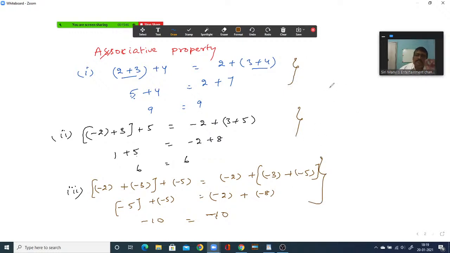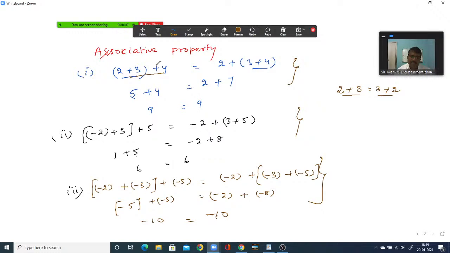You will find this to be true for all integers. Just like when two numbers are added in any order the result is same, here three numbers are added in different order and the result is same.